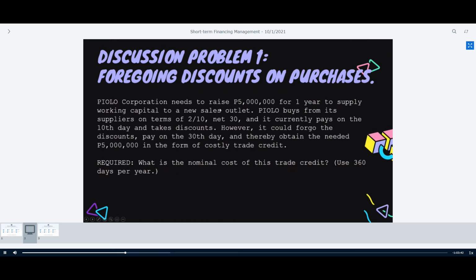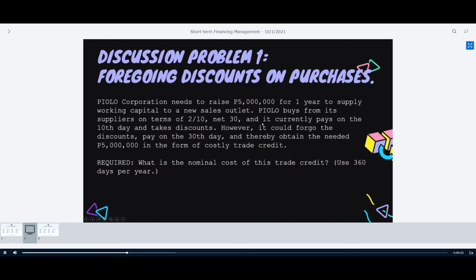No? So 2/10 net 30. So meaning if Piolo pays within 10 days, he gets to have 2% cash discount. No? And if not, then there will be no discount. No? And he needs to pay within 30 days. And that's a credit term.